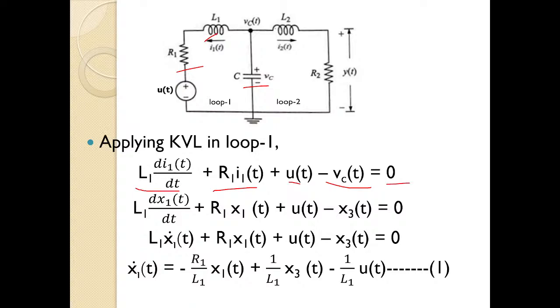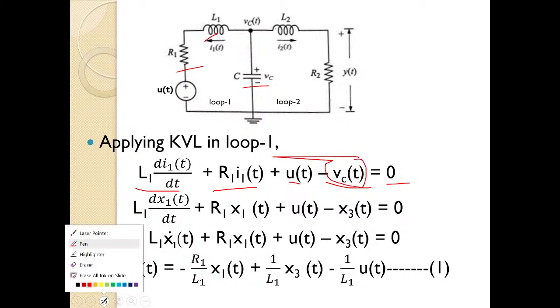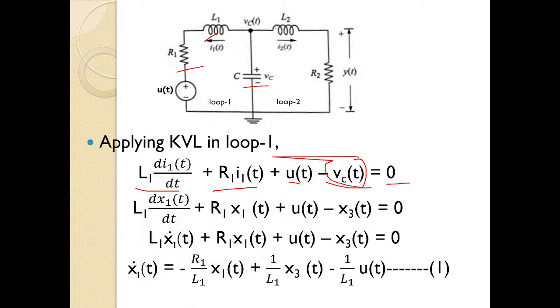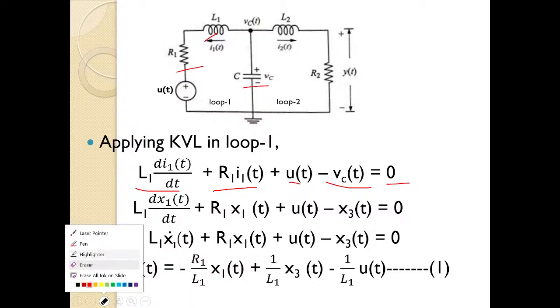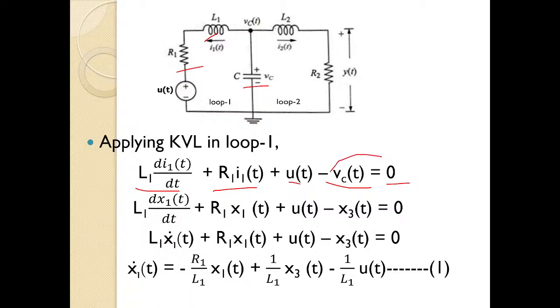Instead of writing Vc of t, what is Vc of t? Vc of t is nothing but X3. So in the next equation I have written X3 of t, and instead of I1 of t, I have written x1 of t, with u of t as it is.